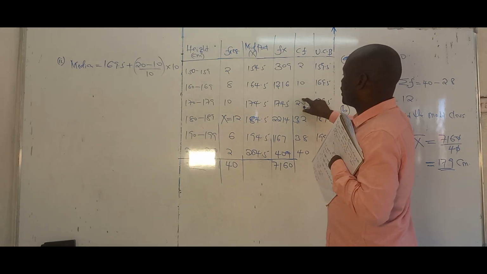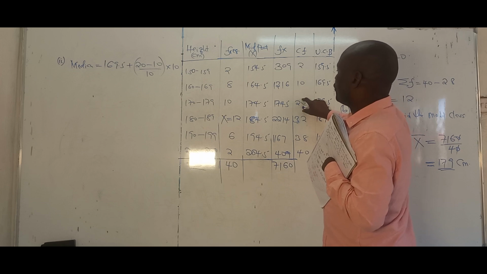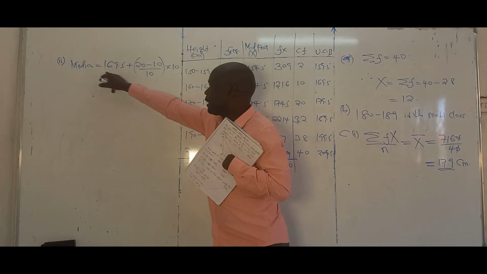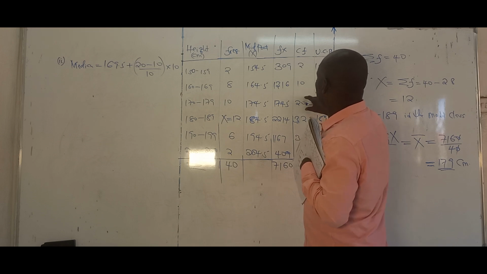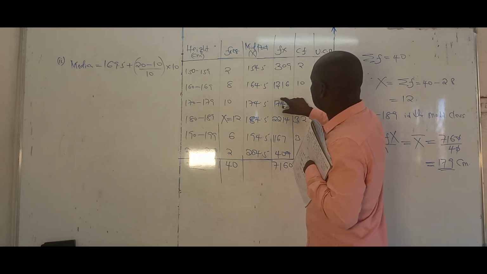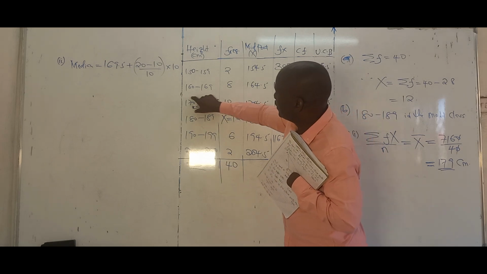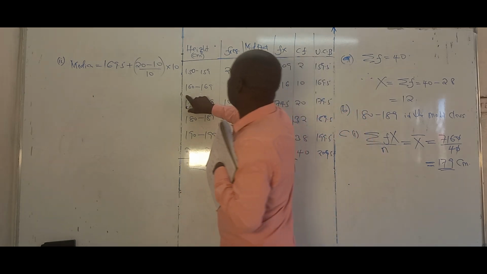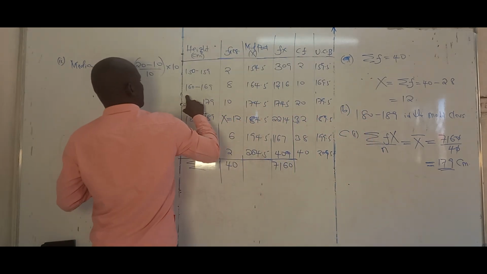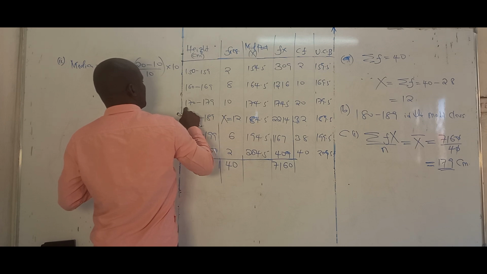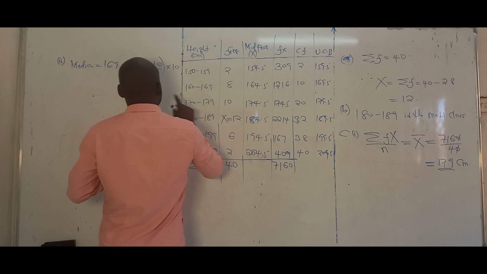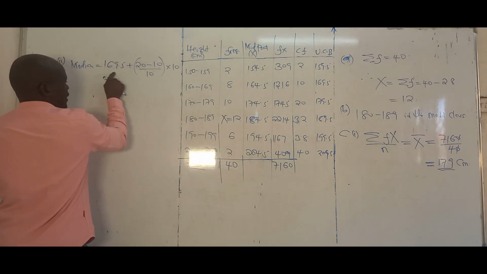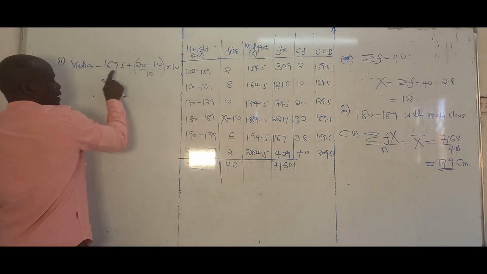And if we find 20 here, then what we write here is the lower class boundary of that particular class that contains the median. So the lower class boundary here is 169.5, and that happens to be the upper class boundary here. That is how we get it.